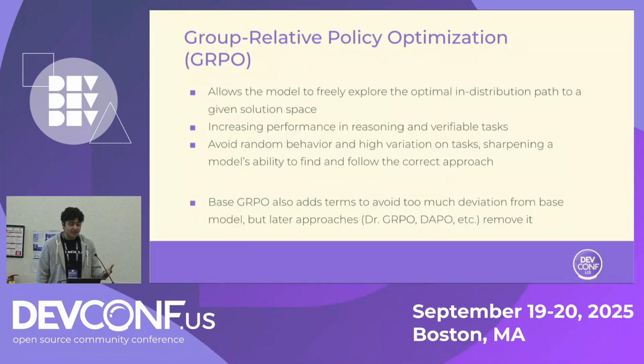It avoids random behavior and high variation on a lot of tasks, and it's aimed at reducing that variation and following the correct paths of reasoning to reach solutions without changing the model, introducing new information, or confusing the model. So this is the goal when it comes to rules-based reinforcement learning, like GRPO in this case.